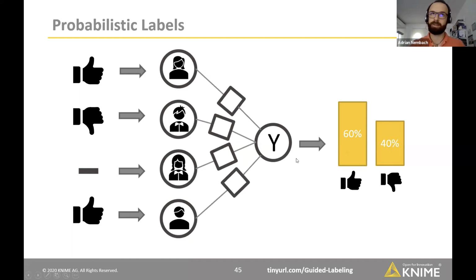And the probabilistic label means it's not a strict label like it's a good restaurant or it's a bad restaurant, but instead it's a probability distribution over the classes that you have. So you basically say, well, this restaurant is 60% good, but it's 40% not so good or bad. And then you can actually use this to train.